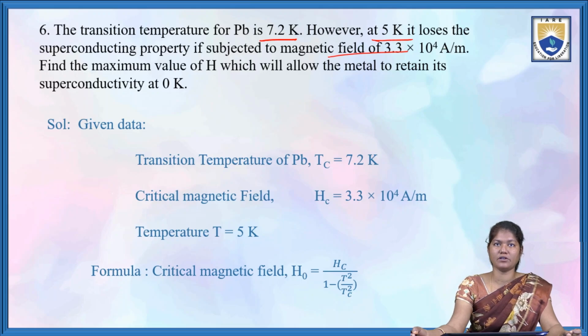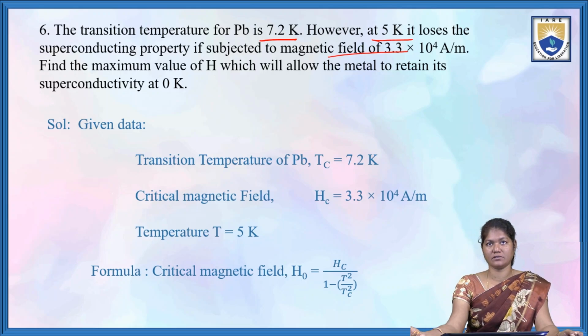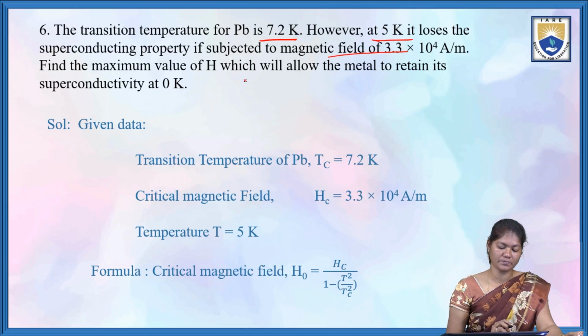Find the maximum value of H which will allow the metal to retain its superconductivity at 0 degree Kelvin. So this problem belongs to applying level of Bloom's taxonomy, because here the learner should apply the formulas.